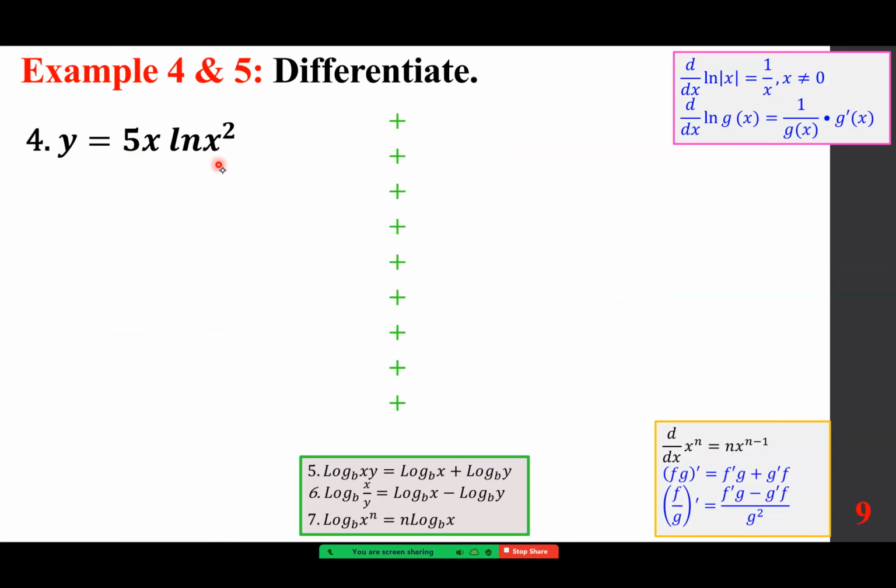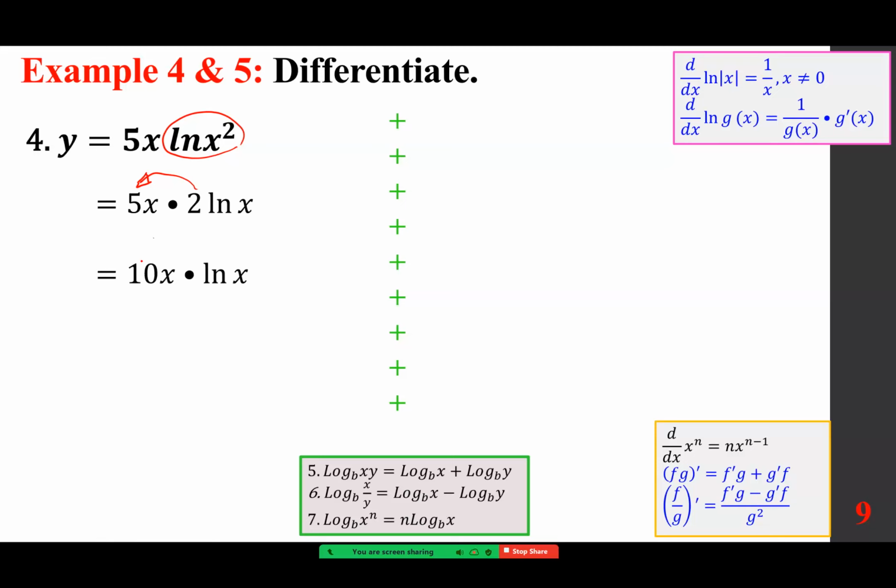However, this one, I can use the logarithmic properties and write it as 2 ln x. It makes it easier. And now 2 and 5, the product is 10. And now I have 10x times ln x. And now I'm going to use the product rule.